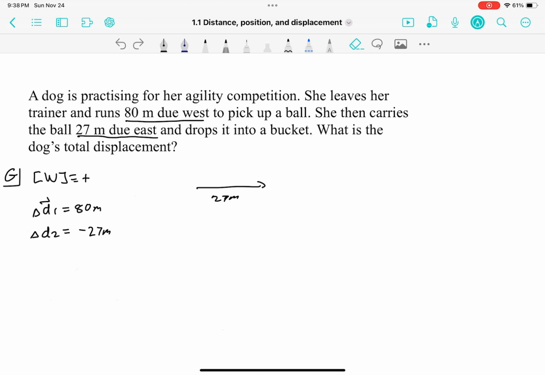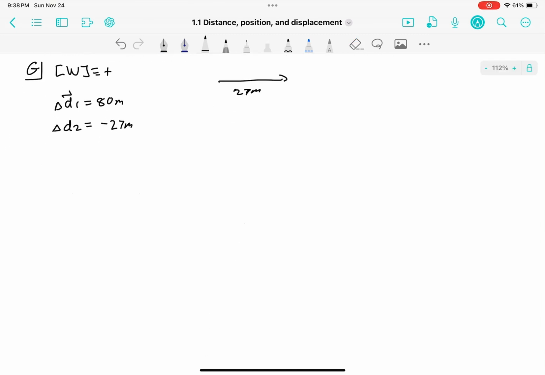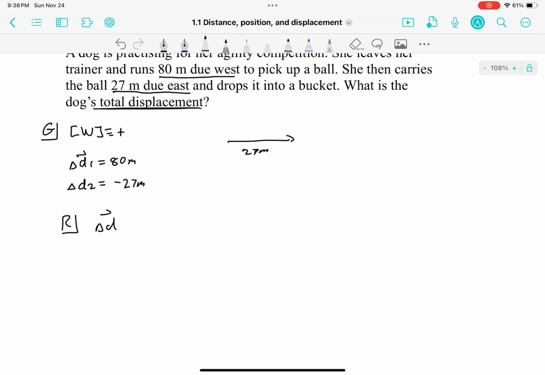From here, we can go into our required to find, which is going to be a delta D vector, because we're looking for our total displacement. So we can go straight into our analysis. Our analysis is just going to be our formula, which is delta D vector is equal to delta D1 vector plus delta D2 vector. And you'll notice we have both of those right here.